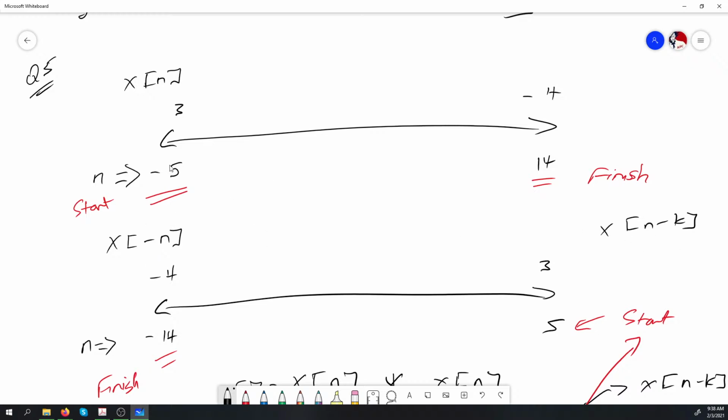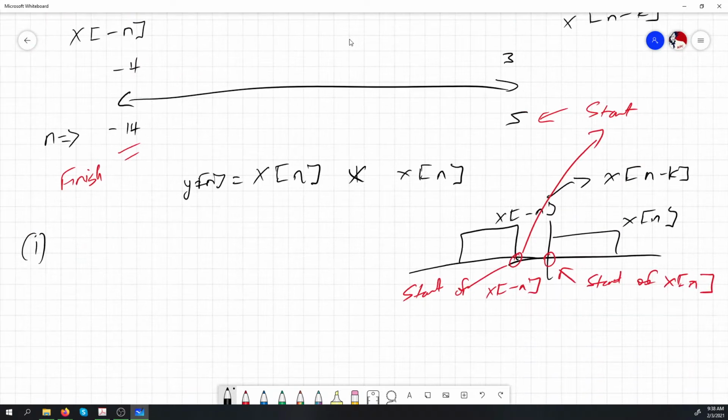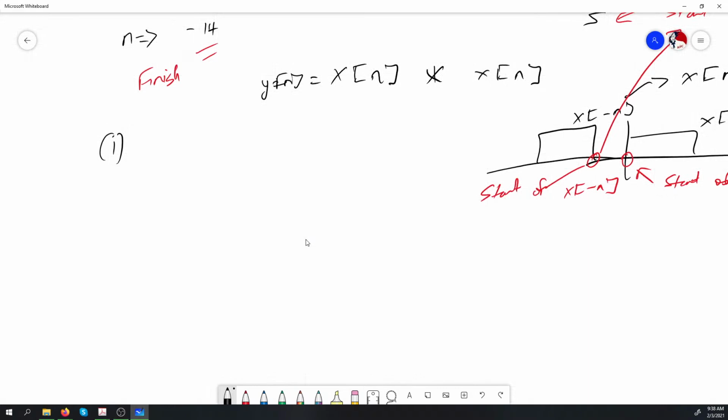So because we know that the start point for x of n is -5, x of n, which is stationary, is going to be at -5. This x of n minus k here is sliding.